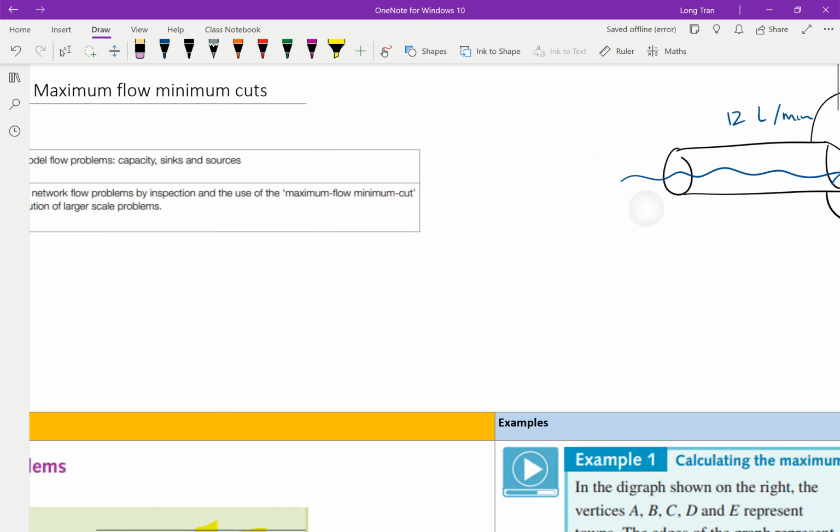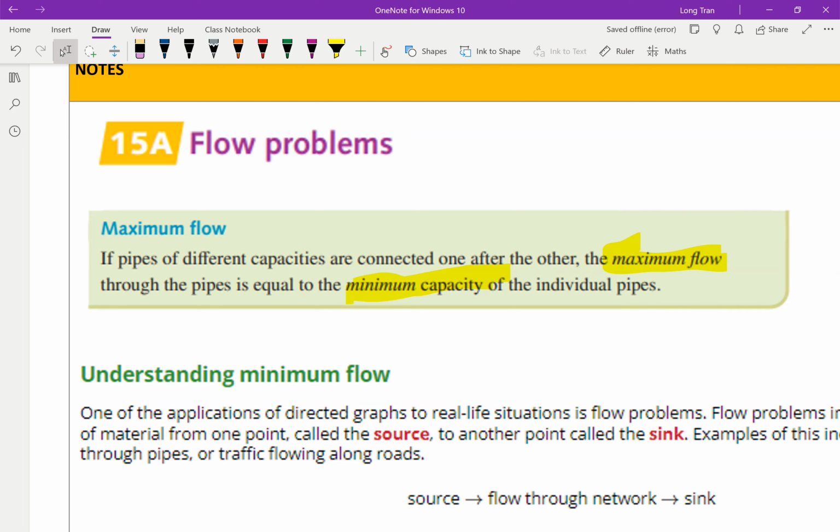They're saying that a maximum flow is connected to the minimum capacity of the individual pipes, which is what we were looking at before. We saw 12, we saw 30, and then we saw 5. So the minimum capacity actually ends up being the maximum flow that you could possibly have.